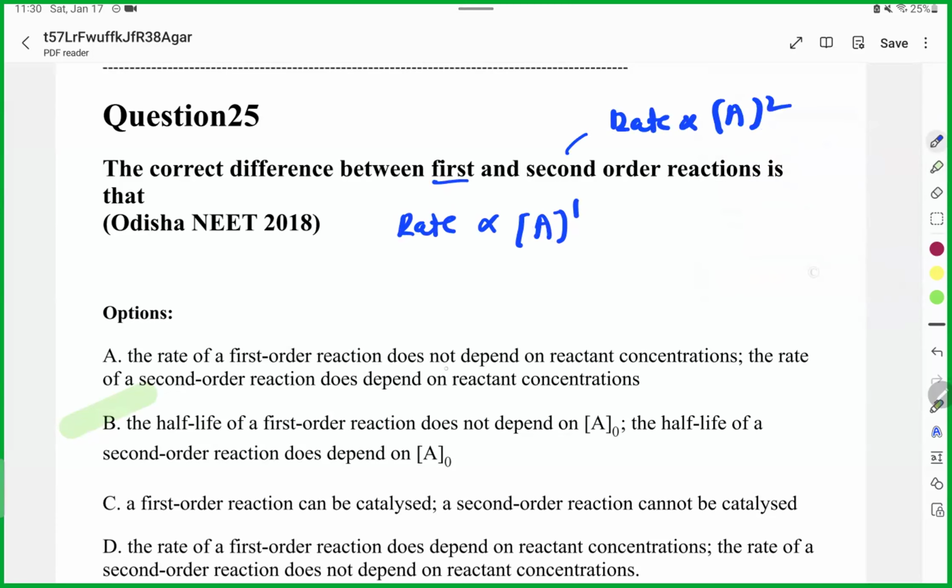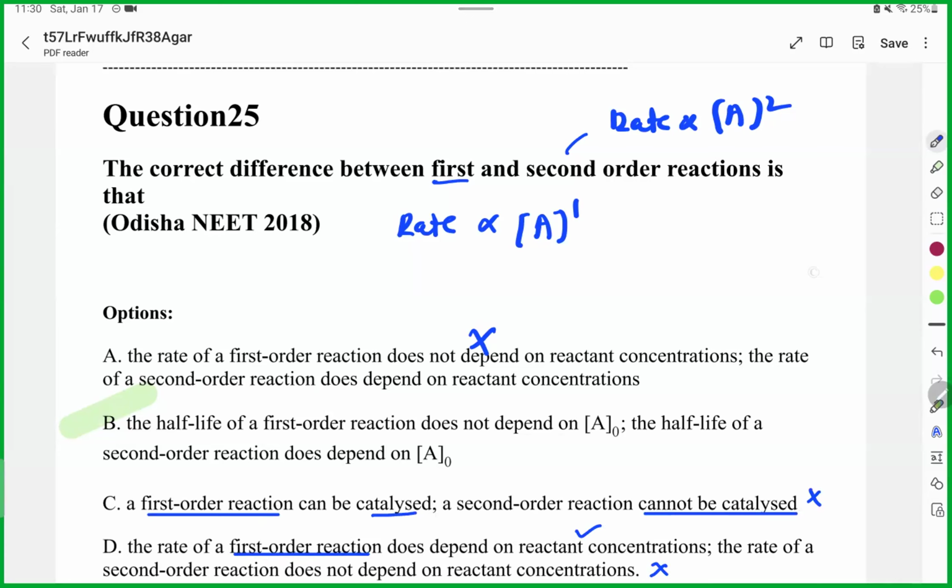So first order does not depend upon the reactant concentration? Wrong. How is it the second option? I want to know. A first order reaction can be catalyzed, yes. Second order cannot be catalyzed? It doesn't make sense. Any reaction can be catalyzed. First order reaction does depend upon the reactant, correct? Second order also depends.